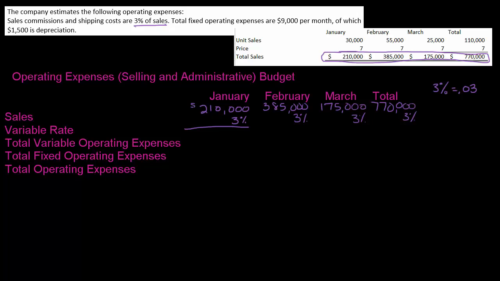So $210,000 times 3% is 6,300. $385,000 times 3% or 0.03 is 11,550, and 3% of 175,000 is 5,250.